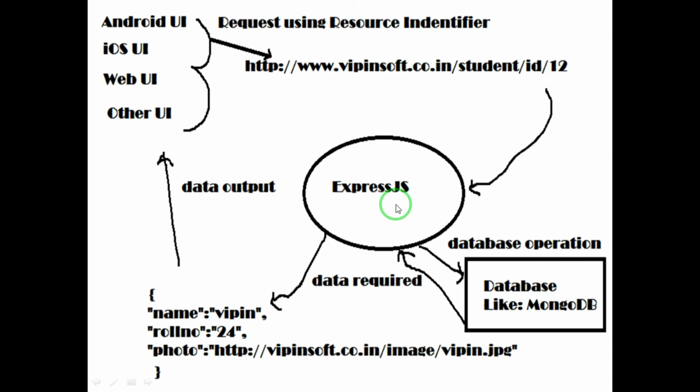This Express is fetching data from the Mongo database and performing database operations, meaning insertion, deletion, updating, and all the required operations. Express is displaying the data in terms of JSON like this: name Vipin, roll number, and photo, the URL of the image where the image has been saved, and puts this data toward the screen of the client. This data is going as output to the client.